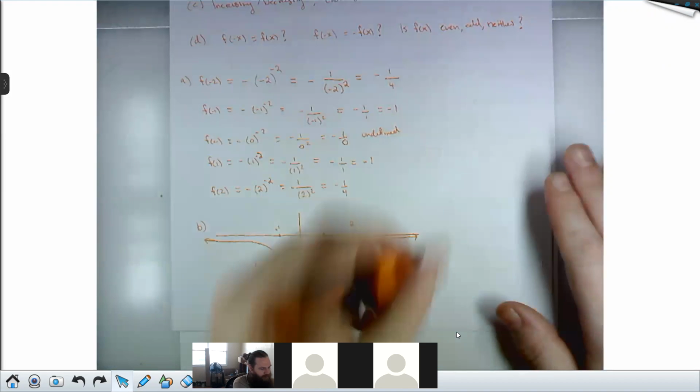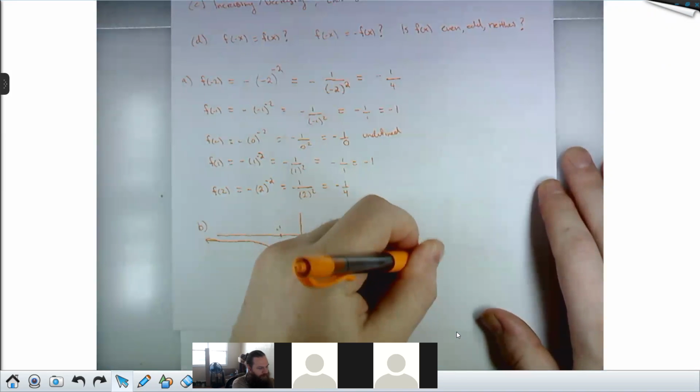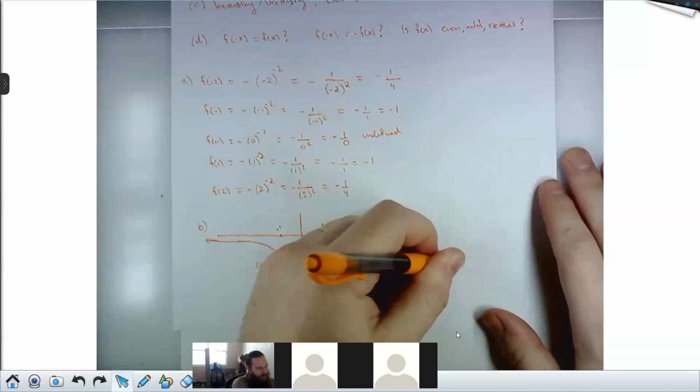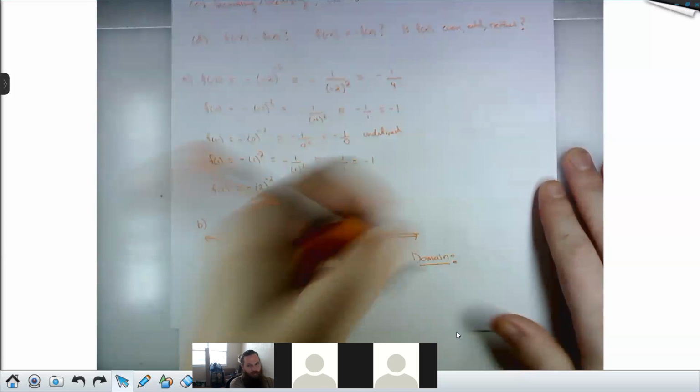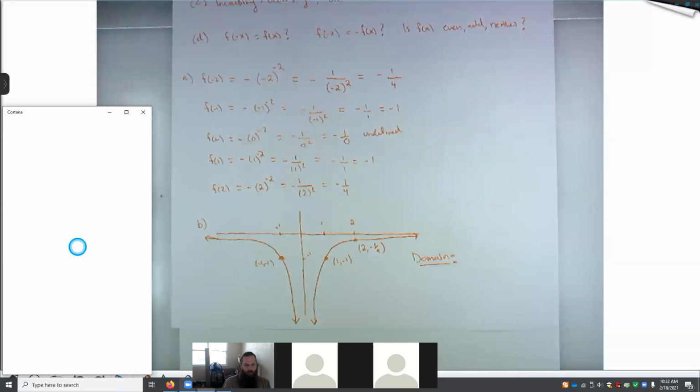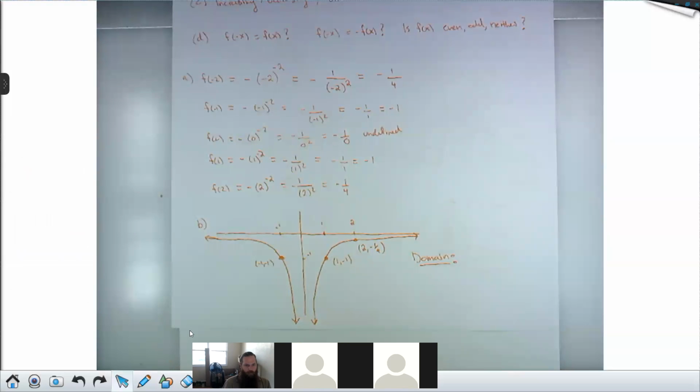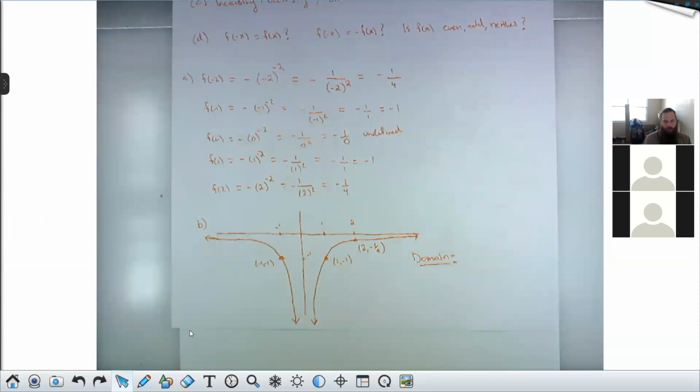What's the domain of this function? In interval notation, por favor. It's not all real numbers. It's a little different. I should ask, maybe what number is not in the domain? Yeah, perfect, Mark, thank you.